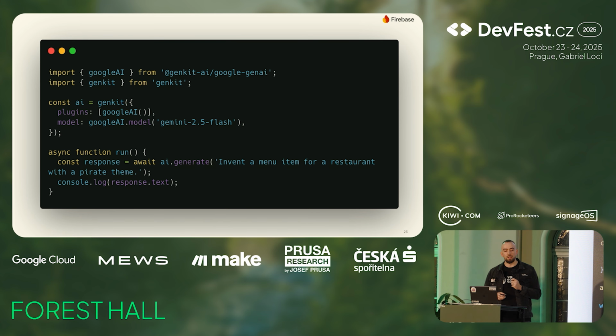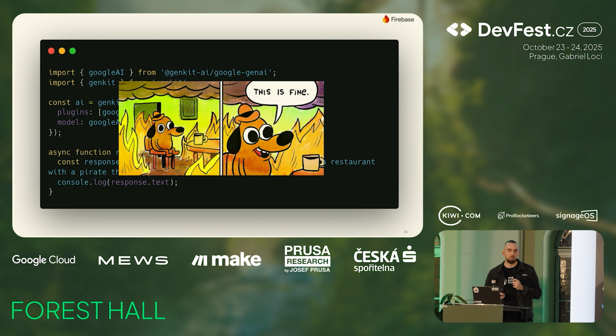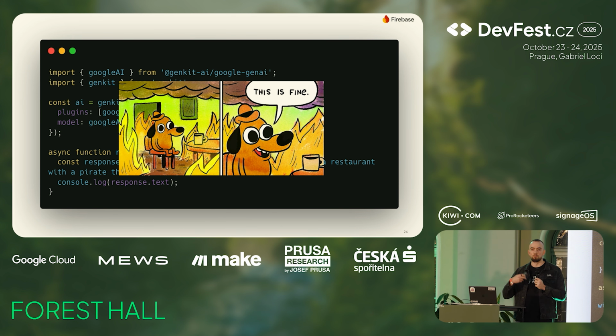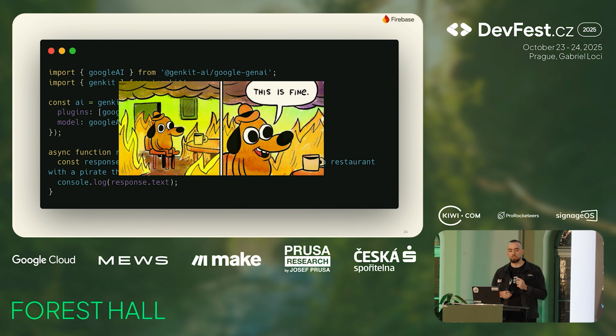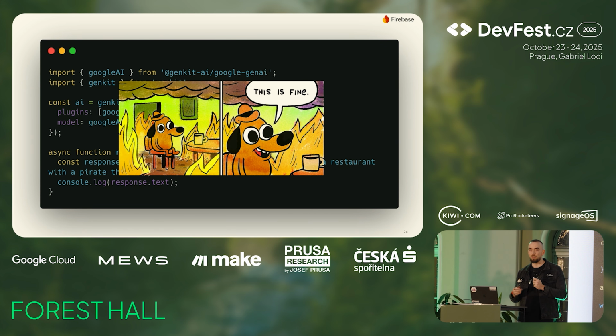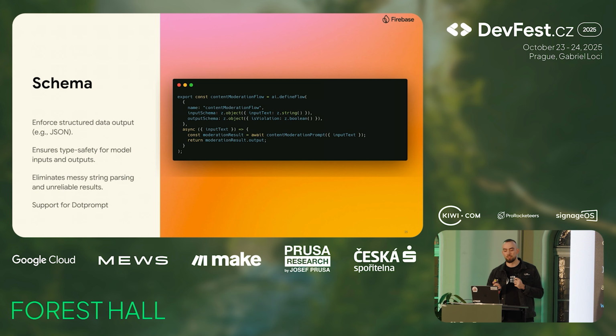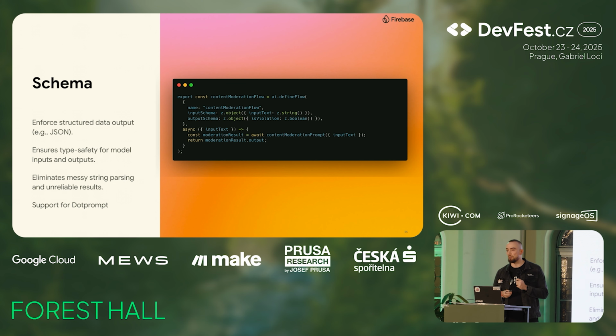So as I showed you before, this is the simplest thing. We put the text there, but of course later having something like this in code, probably in more complex scenarios, would not be ideal, and we would be sitting as this dog and pretty much burning ourselves. So there is something called schema.